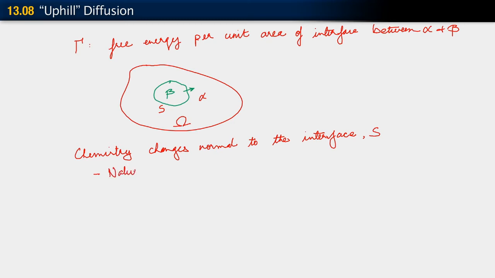So the nature of chemical bonding changes across S, from alpha to beta, or obviously the other way around.